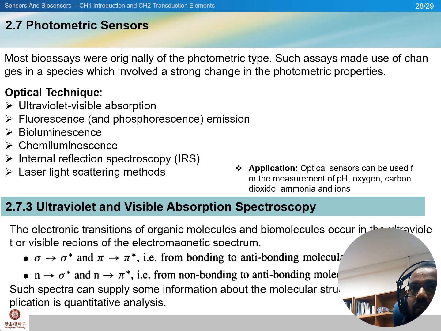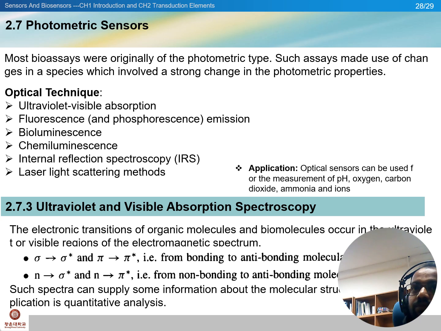Photometric sensor. Most biosensors were originally of the photometric type, such that they made use of a change in a specific reagent which involves a strong change in a photometric property.